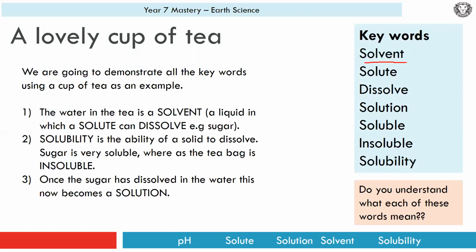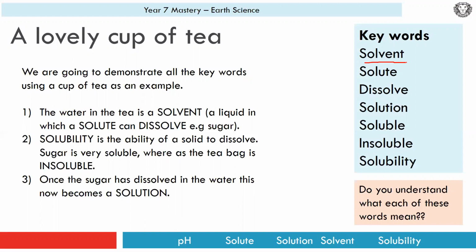A solute is something that can dissolve in a liquid, for example sugar or salt. Going into a bit more detail, sand could be a solute, however it does not dissolve in water, but it might dissolve in an acid.